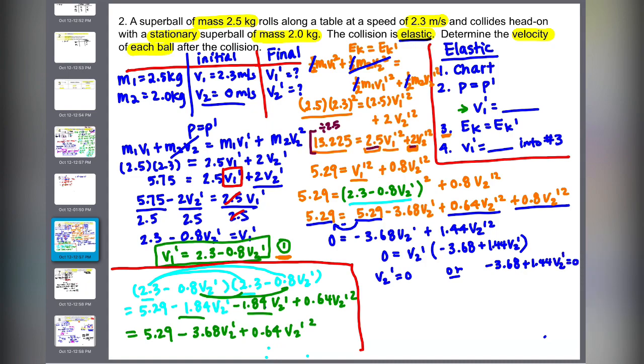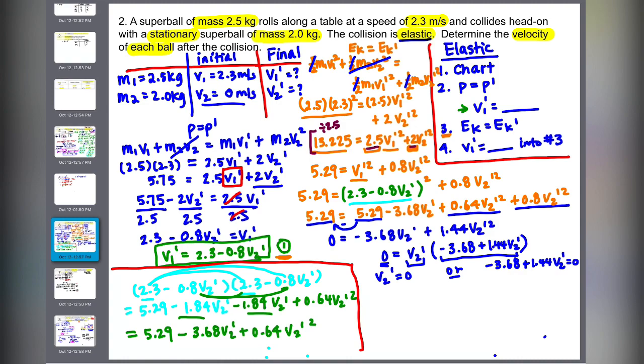This is called finding the root. Whatever v2 equals that makes the whole equation equal to 0. I know anything times 0 is 0, so if I can get this to be 0, then it will make the equation true. That's what the root means.